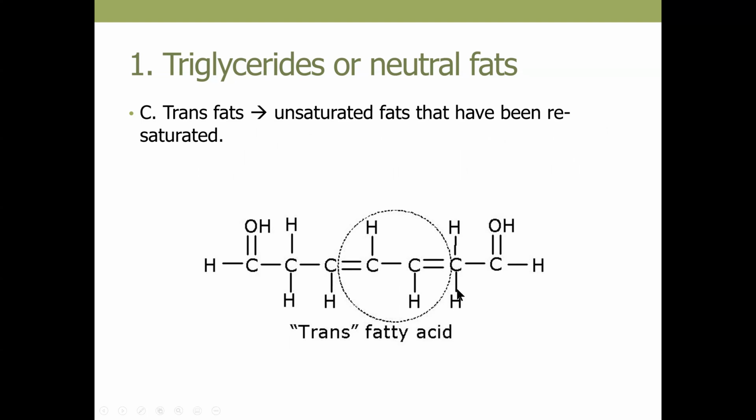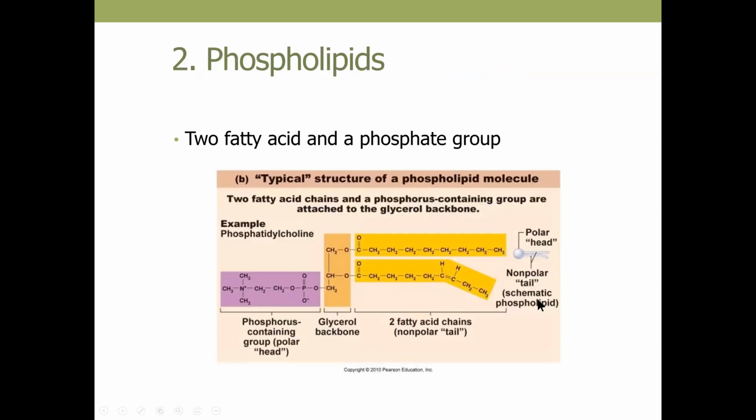But look here, remember, carbon typically has 4 bonding places. We have 1, 2, 3, 4, 5. So this carbon technically should only have one hydrogen, but it has 2 because through chemical manipulation, we have the ability to add a hydrogen. So this is a trans fat. This is an unsaturated fat that has been resaturated.